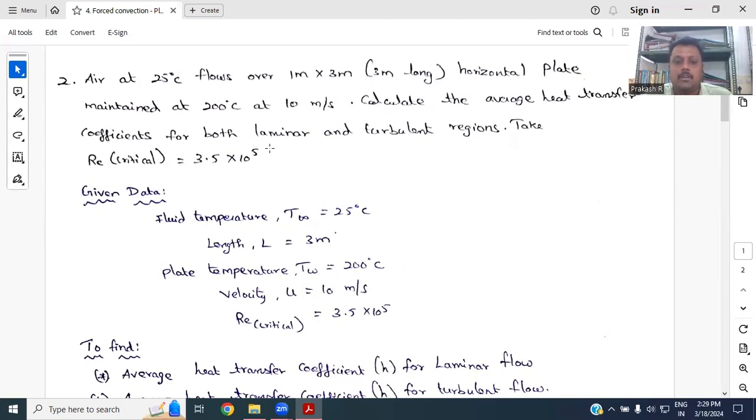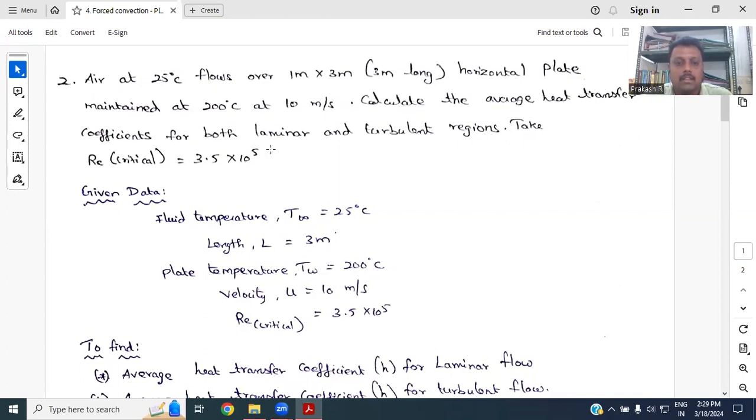So first we need to know how to identify whether the problem comes under free convection or forced convection. When in a given problem the velocity value is given, it comes under a forced convection problem. If the velocity value is not given, it comes under a free convection problem. Why?